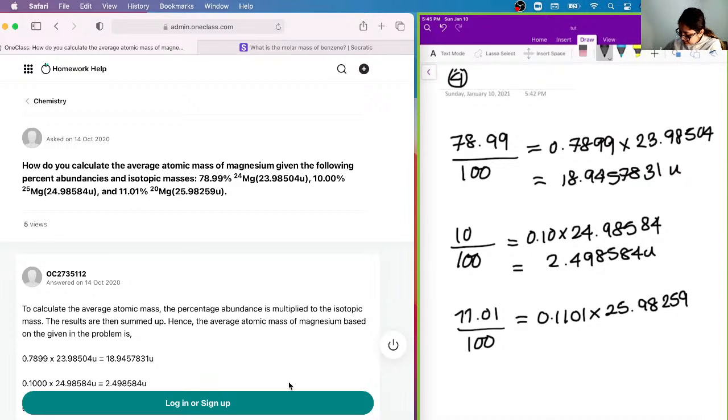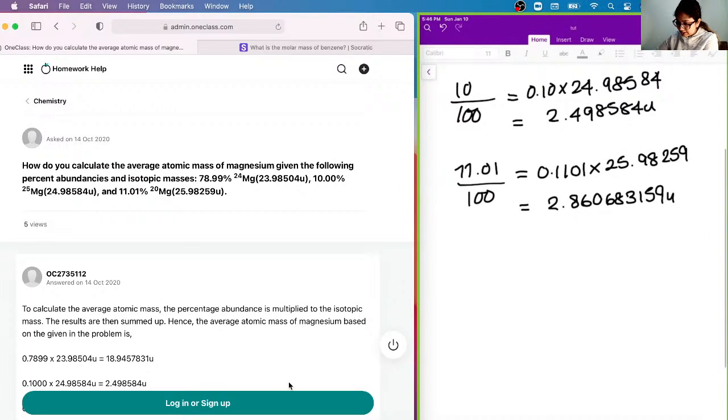Okay, and once you multiply this out, you would get 2.86068315. And so the last step would be to add all this up to get your average atomic mass.